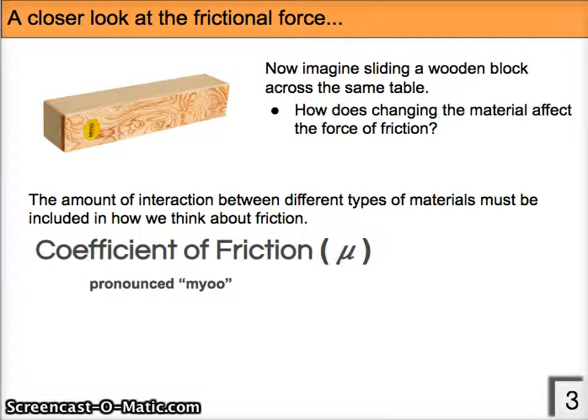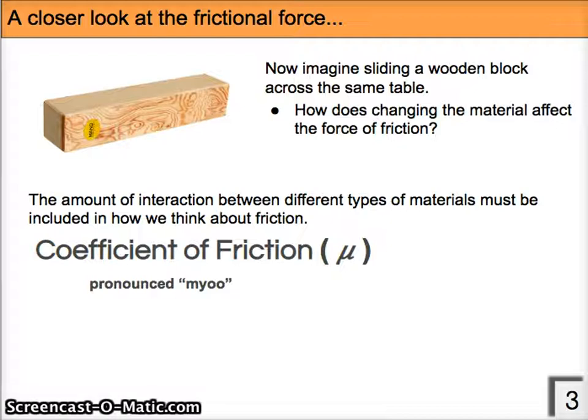So the greater the value of the coefficient of friction, the more interaction there is, the more sort of grip between the two materials. And the lower value of coefficient of friction, the more easily things slide past each other. The symbol we use is a Greek letter. It looks kind of like a U with a little tail in front.